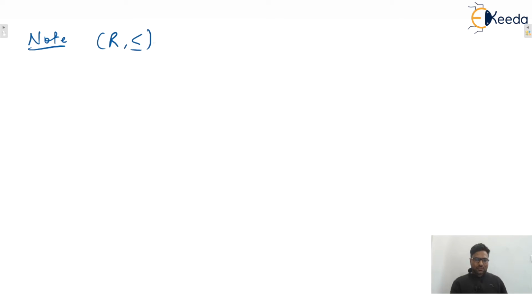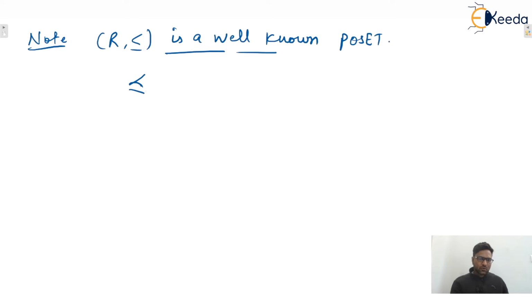So write down one note. This one is a well-known poset. Because this is the well-known poset, sometimes this notation is used to represent a poset, isn't it? This symbol is a little bit tilted, almost the same as less than or equal to, but it is used to represent any poset in general.